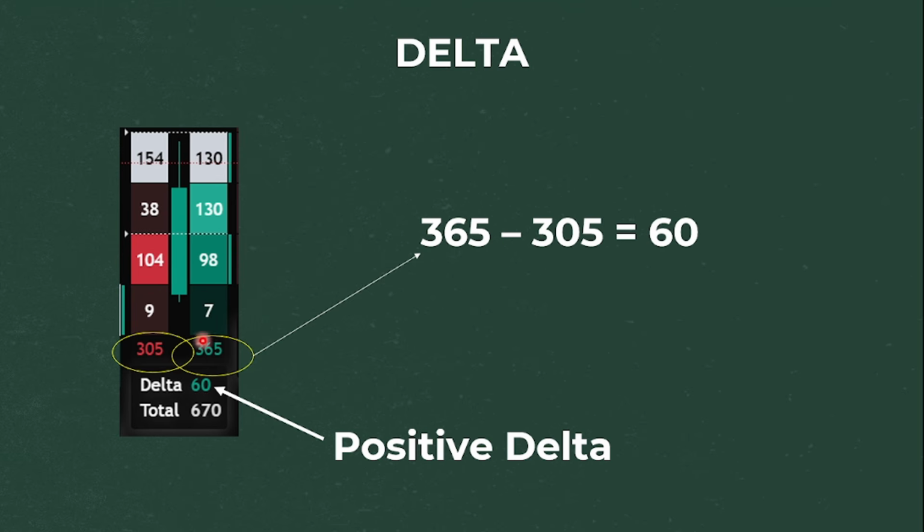So it's the 365 and the 305. We subtract the sellers from the buyers, and we get positive 60, and it's the positive delta.